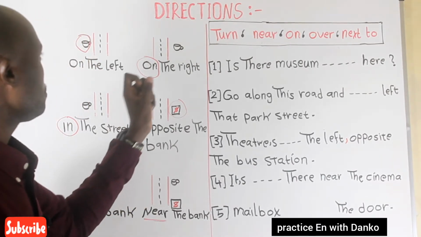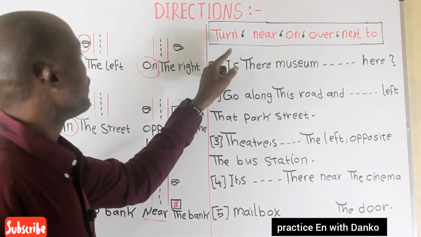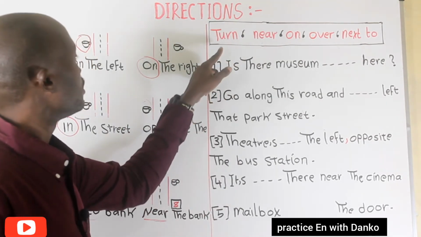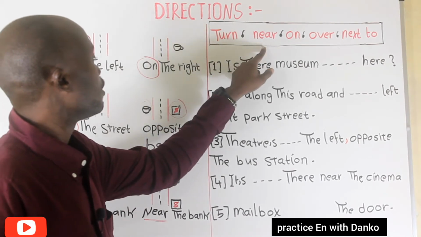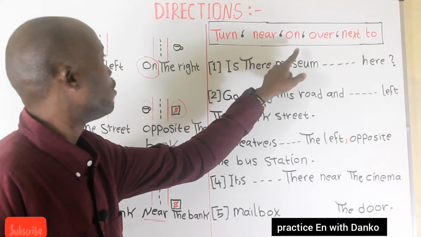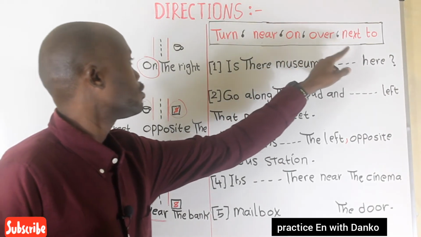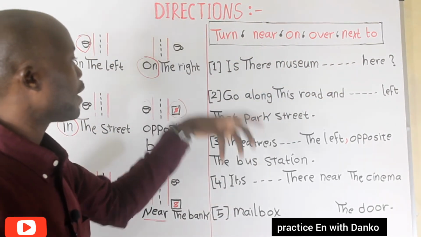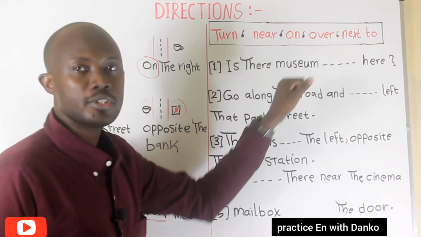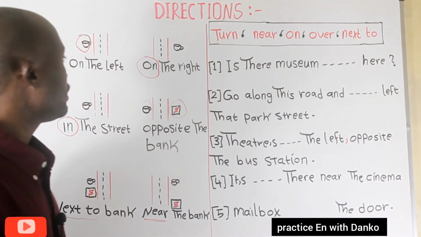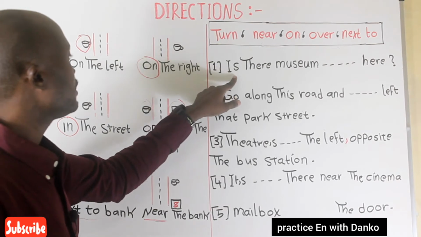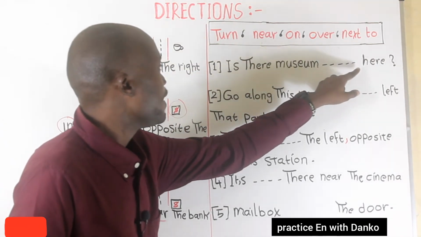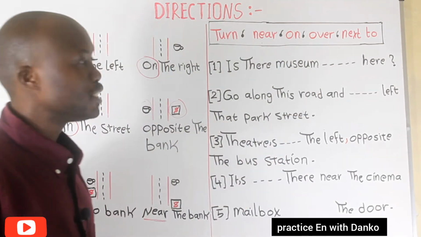Here we have prepositions of place: turn, near, on, over, next to. We're going to use these prepositions of place in the gaps. Number one: is there a museum, gap, here?